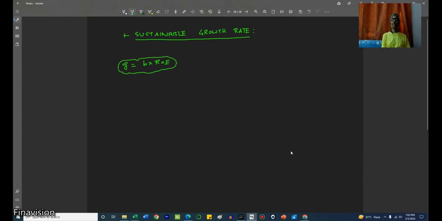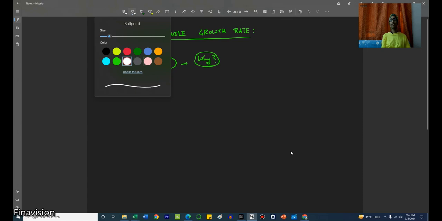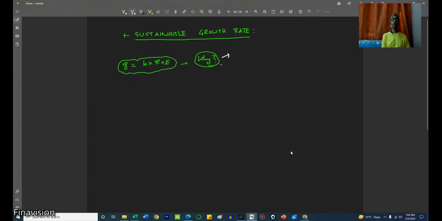If we ask why this expression holds, one of the reasons is: the larger the retention, the larger is the future earnings and dividend growth rate, right? If earnings are not retained, where will the growth come from? You have to arrange external funds.